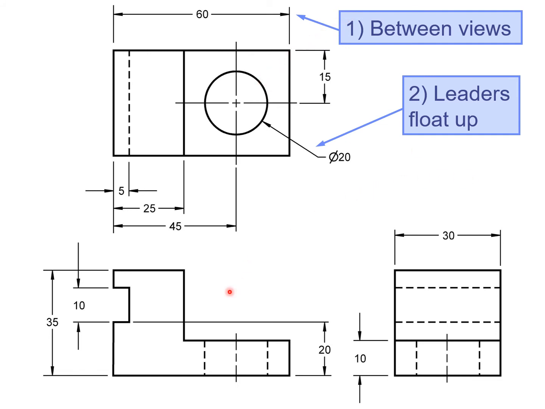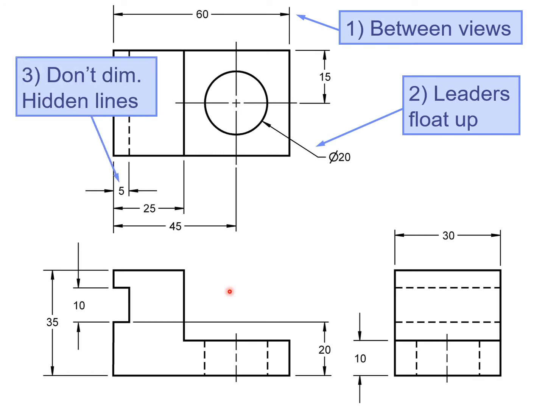Okay, let's take a look at another mistake. You don't dimension hidden lines. From one of the previous slides, we did learn that we avoid dimensioning to hidden lines or hidden features. So here the 5 units is dimensioning to a dashed line, a hidden line. You try and avoid that. If you don't have a choice, then you leave it. But here we do have a choice.